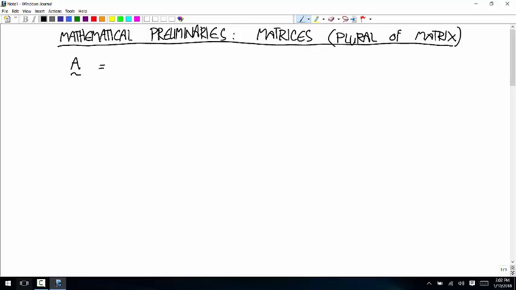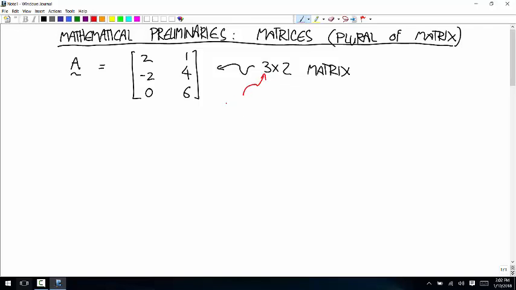Let's say we have a matrix 2, 1, negative 2, 4, 0, 6. This is a 3 by 2 matrix, where the first number refers to the number of rows and the second number refers to the number of columns, always.